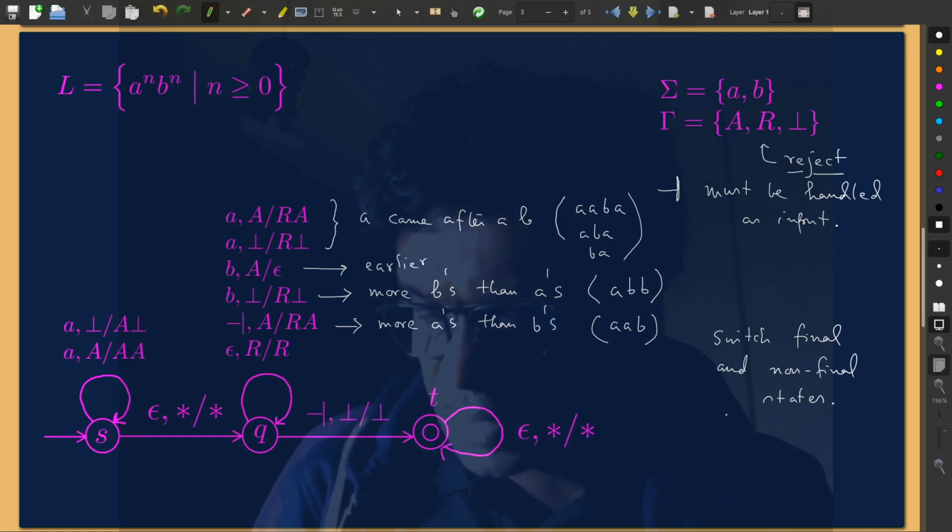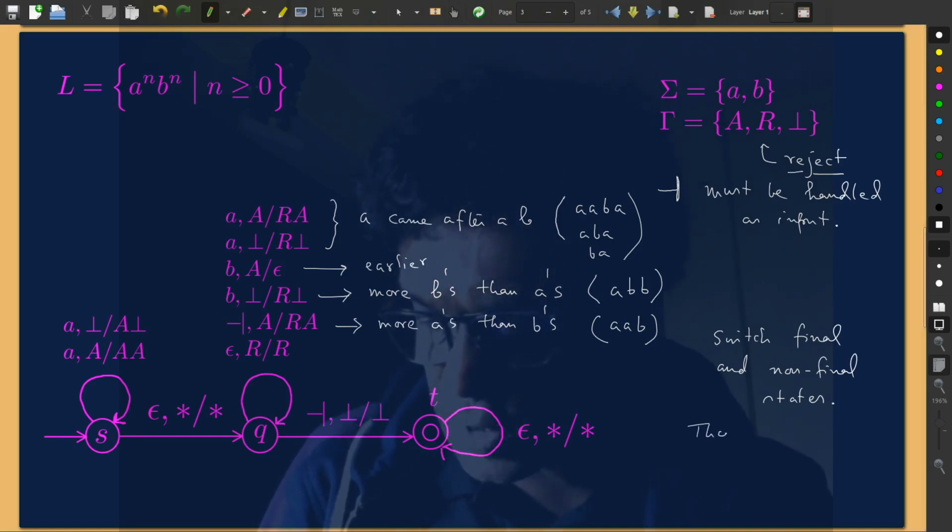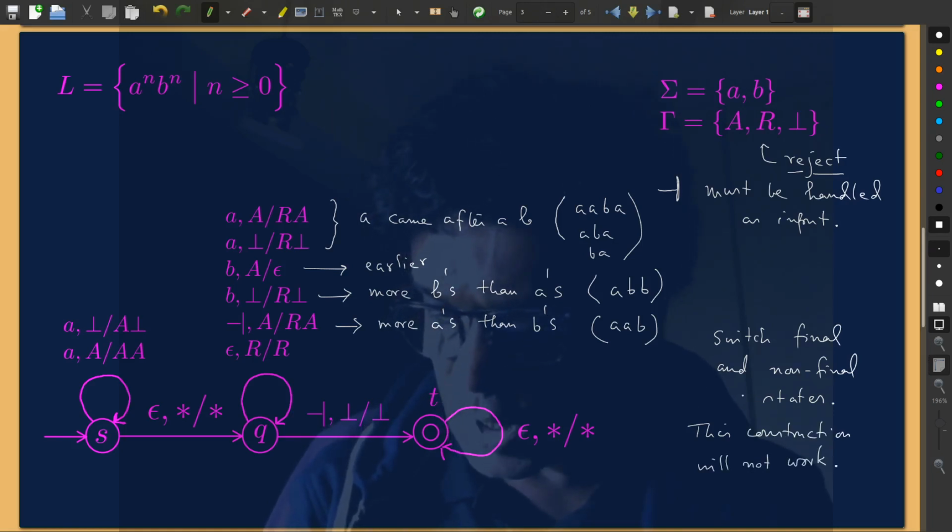The idea is that this construction as such will not work. Why? Because the acceptance criterion is that the entire input must be read and the machine must be in a final state.